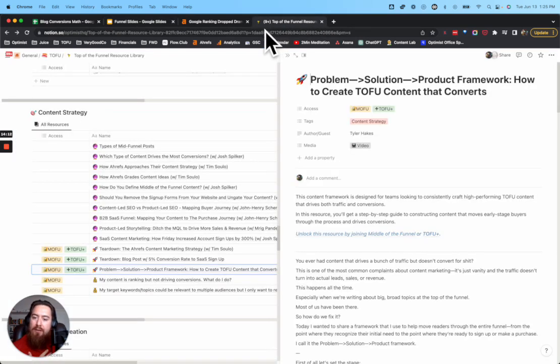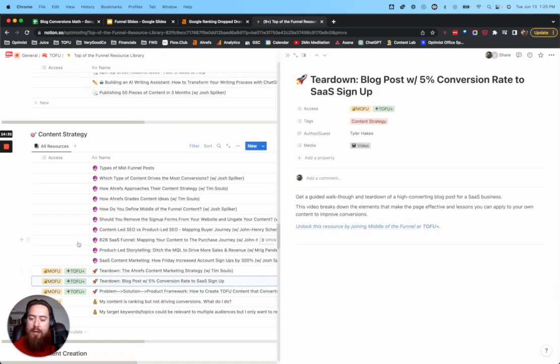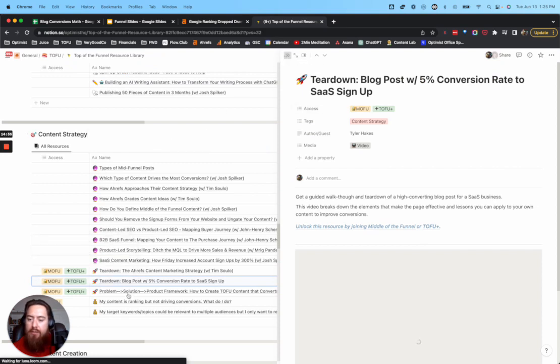And so I'll just close out with a couple quick notes, which is inside Top of the Funnel, our Tofu Plus top of the funnel resource library, I've actually written a few different resources related to this topic. So doing a teardown of a blog post with a 5% conversion rate, doing a breakdown of this framework that we use internally, which we call the problem solution product framework.